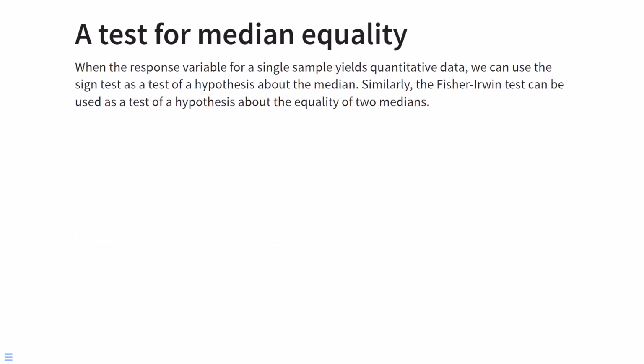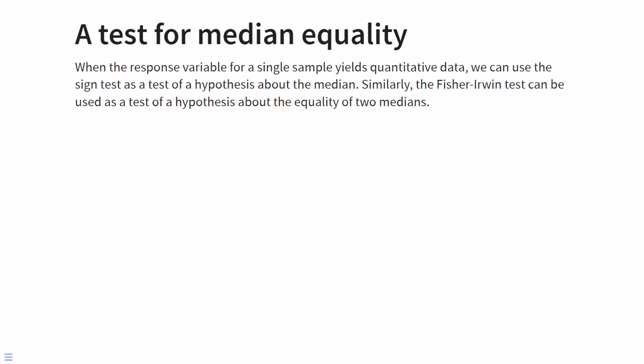Now let's look at a special case of the Fisher-Irwin test, and that is a test for median equality. When the response variable for a single sample yields quantitative data, you know from past videos that we can use the sign test as a test of a hypothesis about the median.